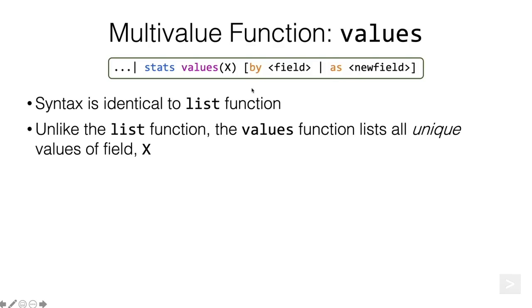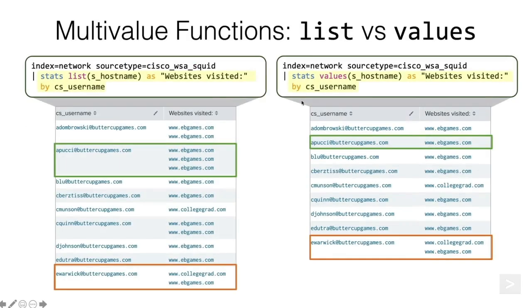We can split by one or more fields. And if we take a look at a comparison between the two, we'll notice that we are no longer listing out any duplicate websites visited. We are only looking at unique websites that each user has visited. And right down here, this specific user has happened to visit 2 unique different websites.